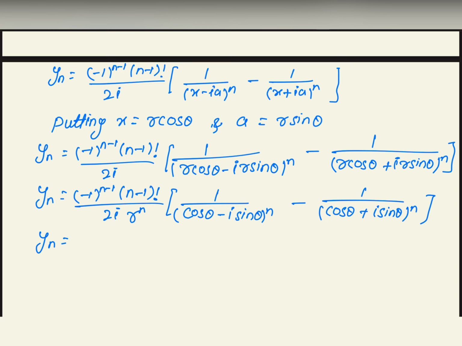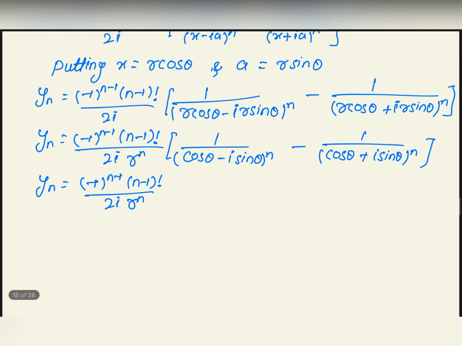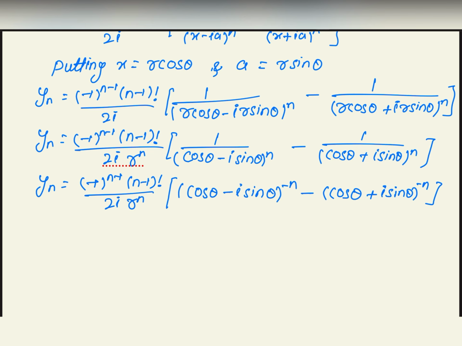So yn is equal to minus 1 to the power n minus 1 factorial divided by 2i r^n. Taking these upward, cos theta minus i sin theta to the power minus n minus cos theta plus i sin theta to the power minus n.